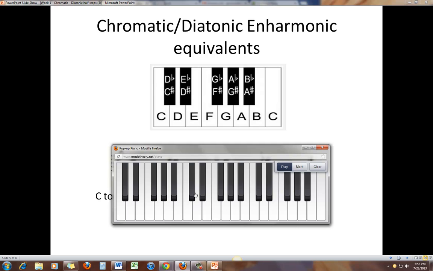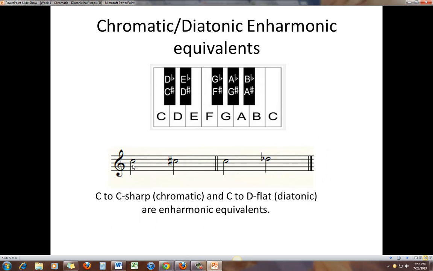If you're listening to it, there is no way to tell whether I am thinking of a chromatic half step or a diatonic half step. If you're watching me play it on the keyboard, there is no way to tell whether I have a chromatic or a diatonic half step. But if you're looking at it on the staff, that's where you can tell. This is chromatic, this is diatonic.